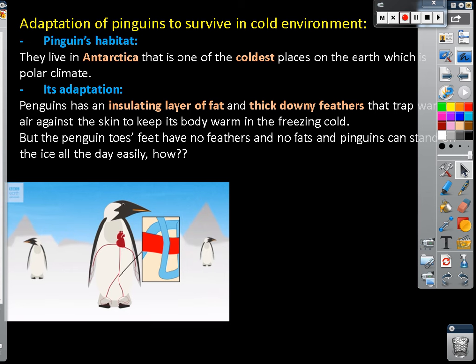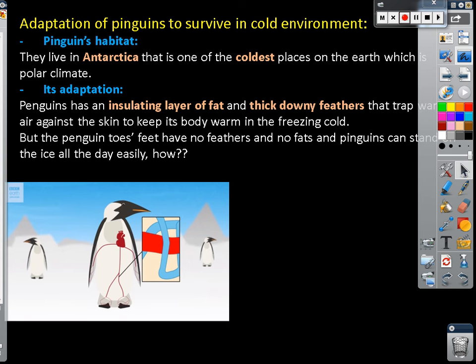The penguins are covered with that. These feathers, with the layer of fat, can trap the air against the skin to keep its body warm. So it can trap the heat inside the body of the penguin, so it cannot freeze, and penguins can feel warm.